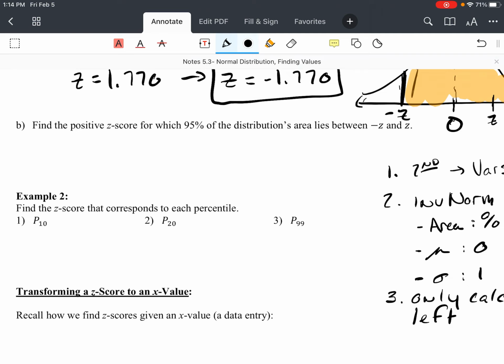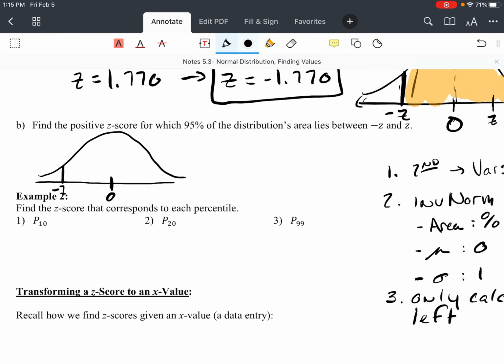Okay, the next part is saying we want to find the positive z-score of the distribution's area which lies between negative z and positive z. So again, we're going to draw our picture here. We've got our picture right in the middle. Again, we have 0.